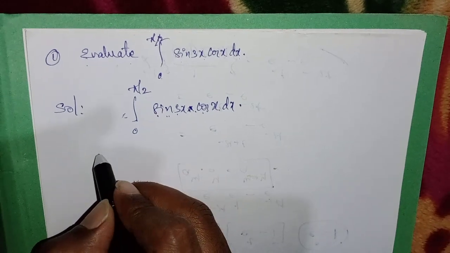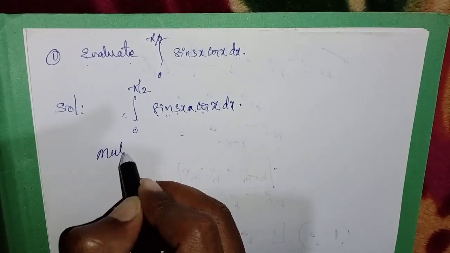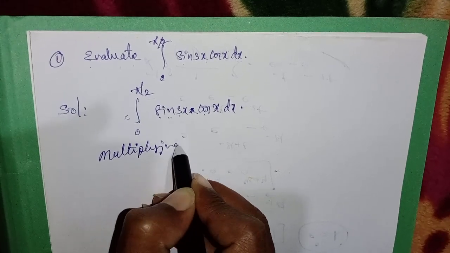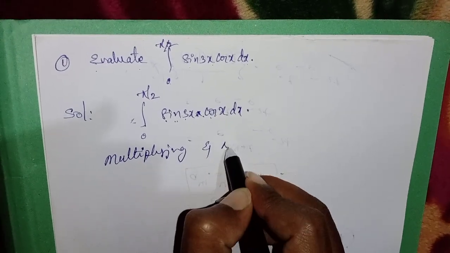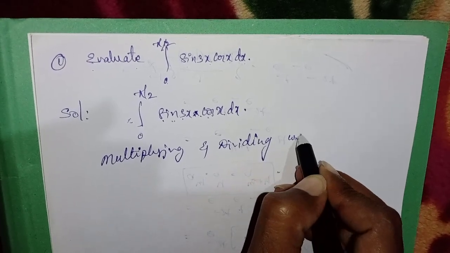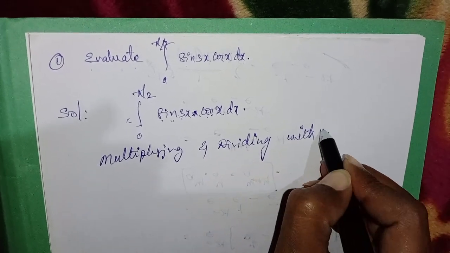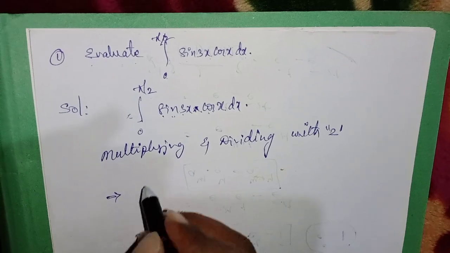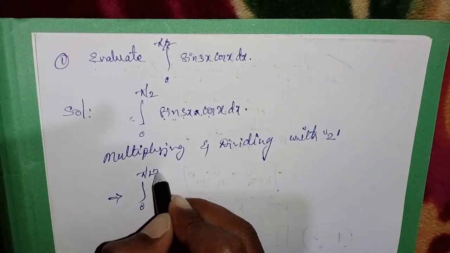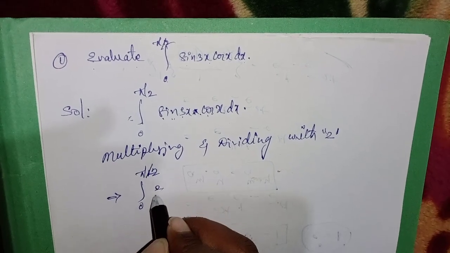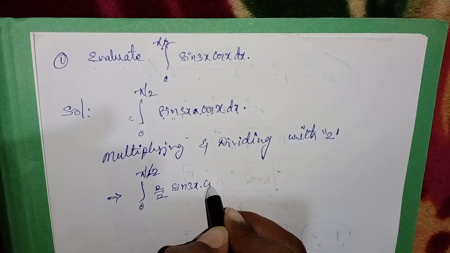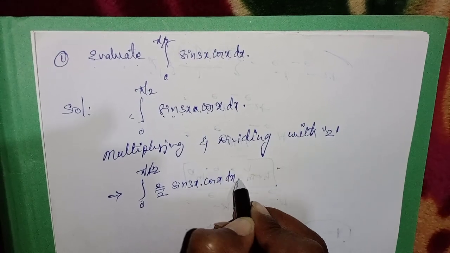So here, multiplying and dividing with 2, that is equal to integral 0 to pi by 2, 2 by 2 into sine 3x into cos x dx.